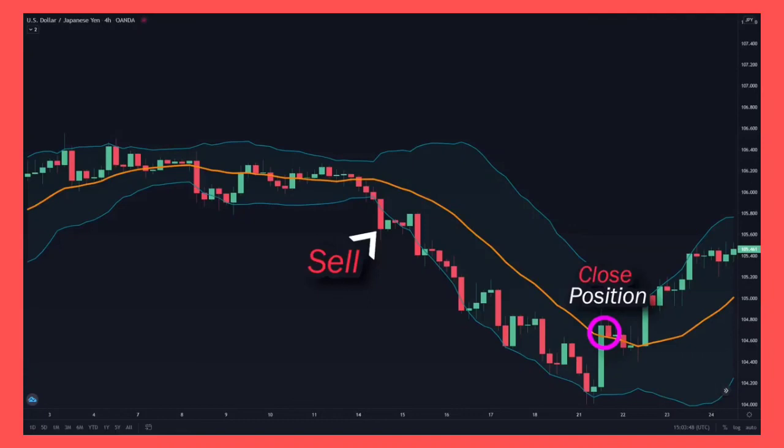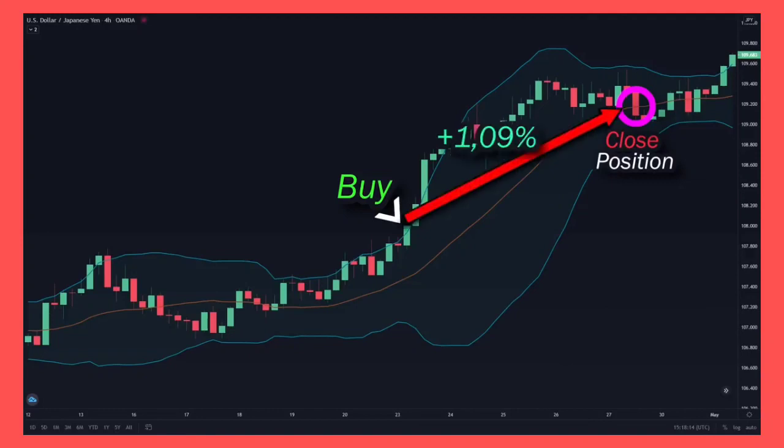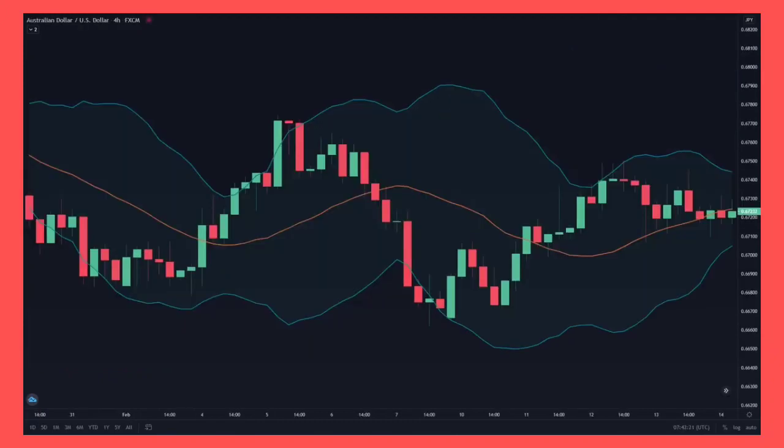Let's see this one more time in another chart. Let's say you took a long position here. So you want to close your trade once the price broke below the middle SMA line. Notice how by using this exit strategy, you were able to close your trade early and still retain the majority of your profits. So, I just revealed to you the best strategy that you can use with the Bollinger Bands indicator.